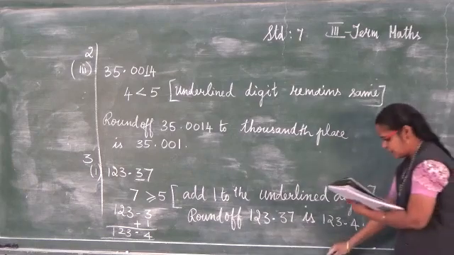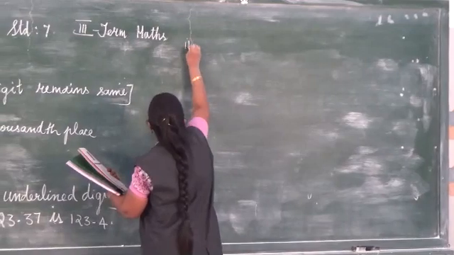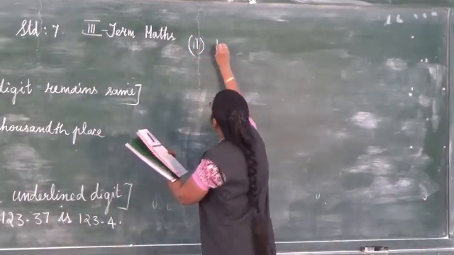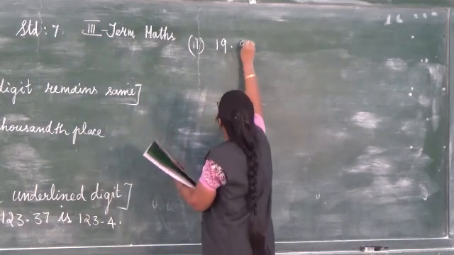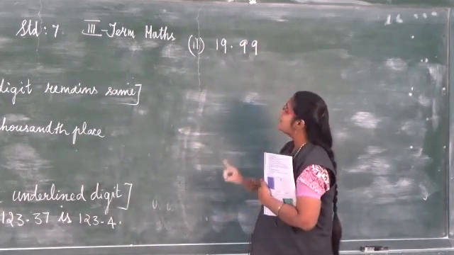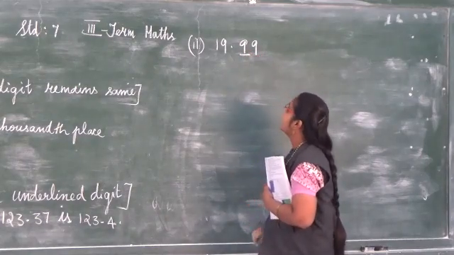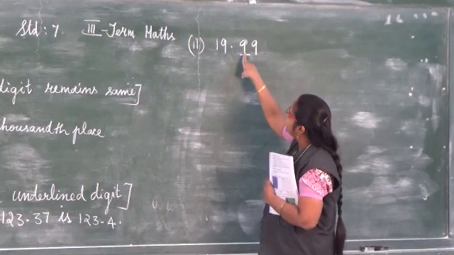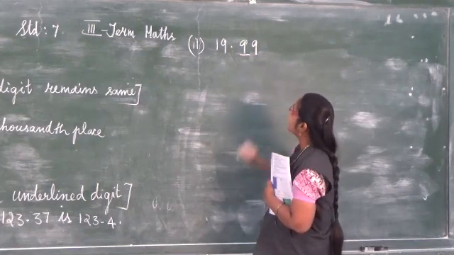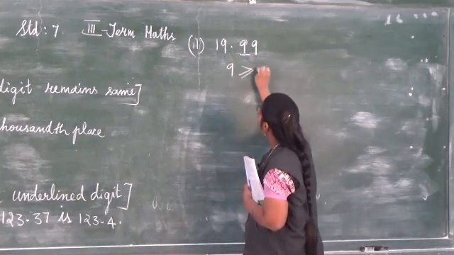Then the next one, second problem, 19.99. After the decimal point only one digit must be there. So I am underlining the 9. After underlining the 9, I have to take the right side number. 9 is greater than or equal to 5.